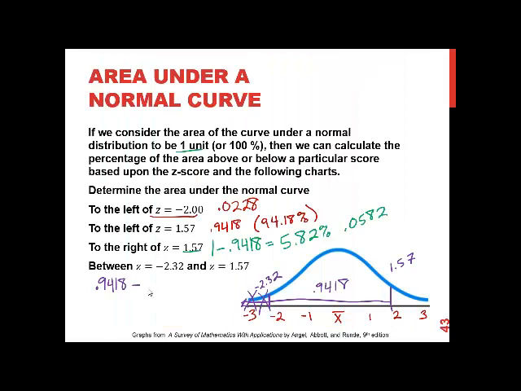So I will subtract that from 0.9418 and I get 0.9316, or if we were looking at it as a percent, 93.16%. So when you want to know the area between two values, you find the larger z-score, find its area to the left, then subtract off the area to the left of the smaller z-score.